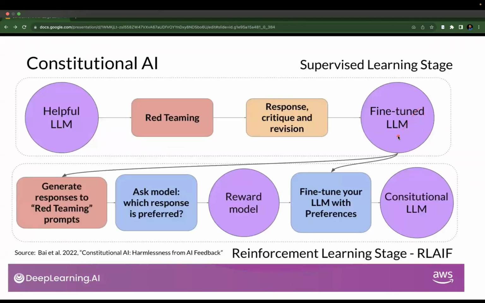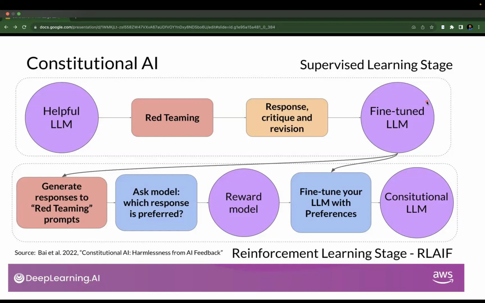In phase 2, instead of using human feedback, we use this fine-tuned model to generate responses to the red team prompts which we just saw. The preference data set generated by the fine-tuned model is used to train another model, which is called the reward model. If you remember, the reward model needs ranked completions. This fine-tuned model can now help rank those responses.